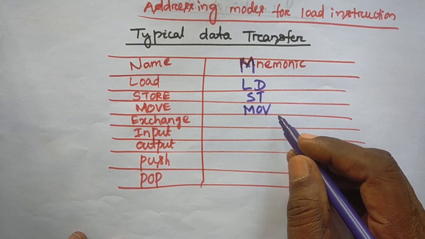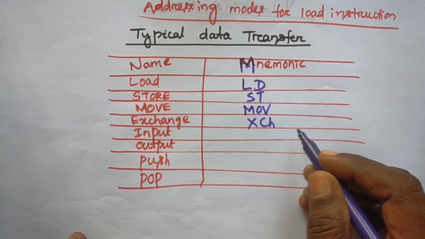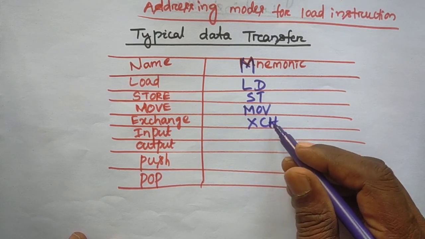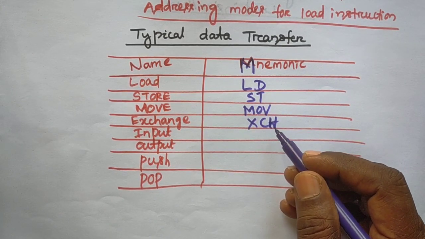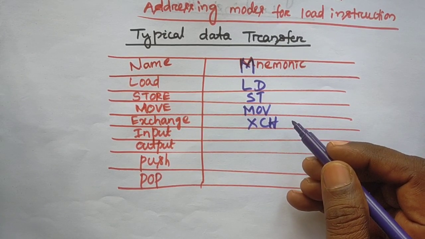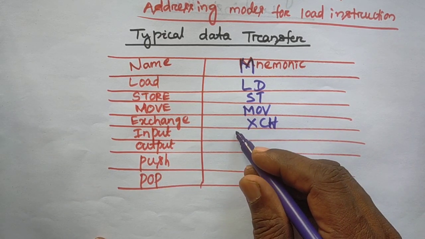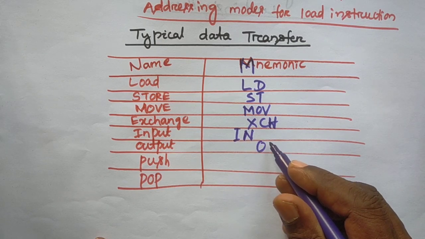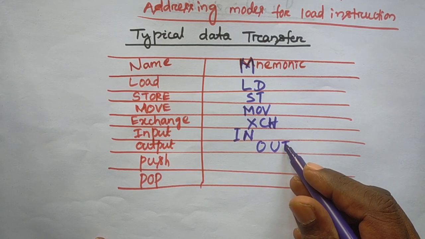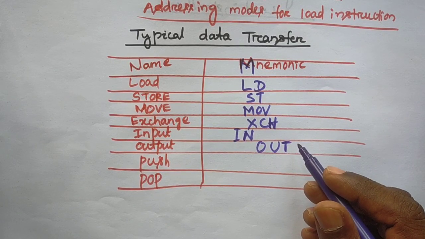Exchange is XCH. Similarly, for input and output registers to transfer our data, we can simply use IN, and for output, similarly OUT. These are simple input output registers that receive or transfer data.